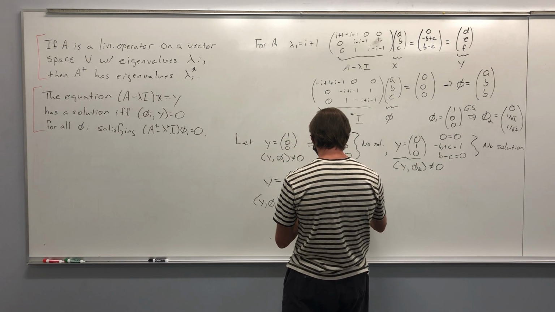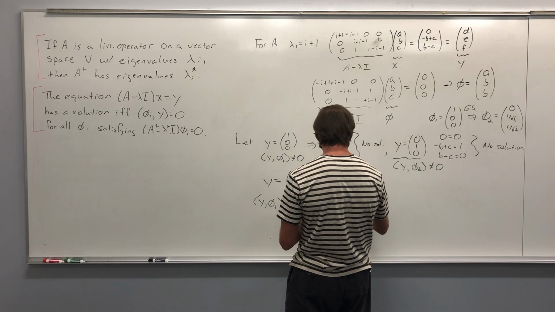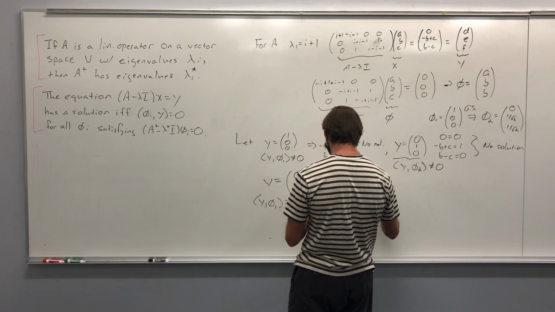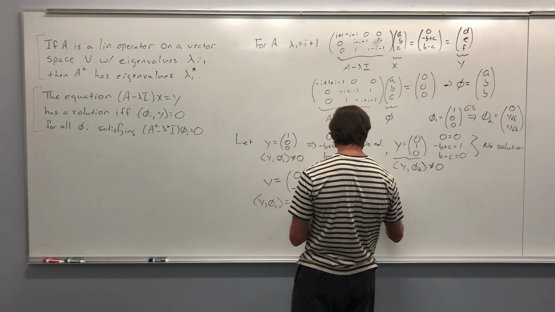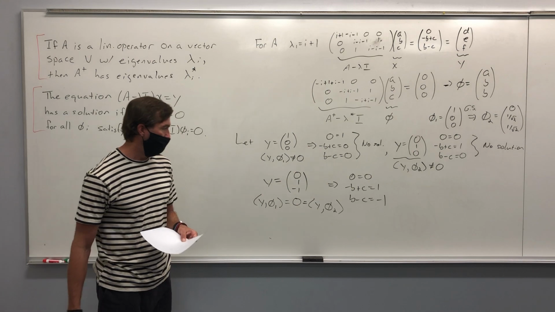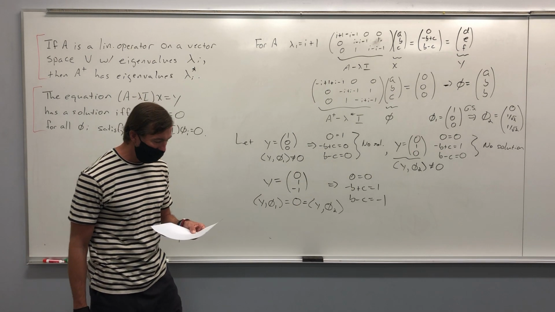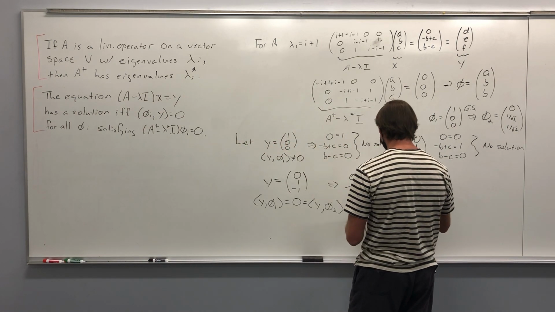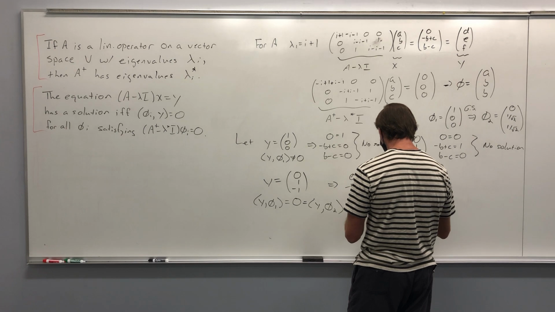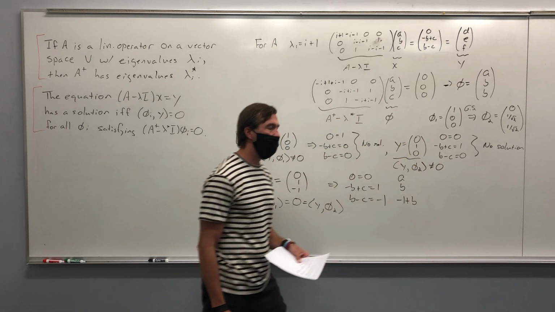This gives us 0 equals 0, minus b plus c equals 1, b minus c equals minus 1. Look at that. So obviously a being anything, b being anything, and then c being minus 1 plus b is a solution.